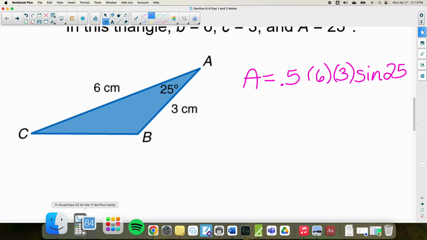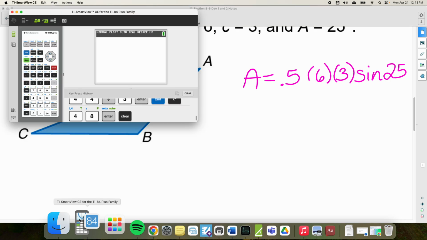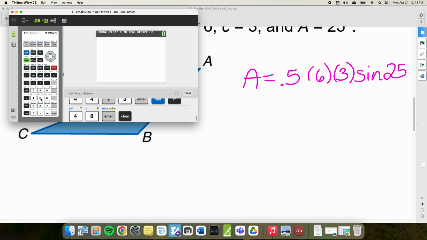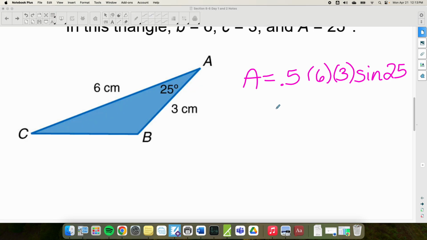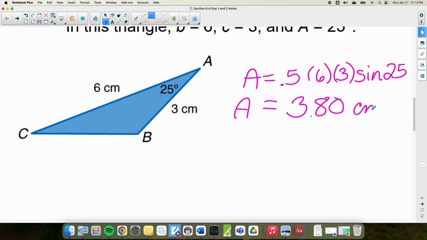I know we went over this already on Thursday, but I just wanna go over it for people that were gone. So 0.5 times 6 times 3, sine 25, and we get 3.80. And this is area, so it's in centimeters squared, okay?